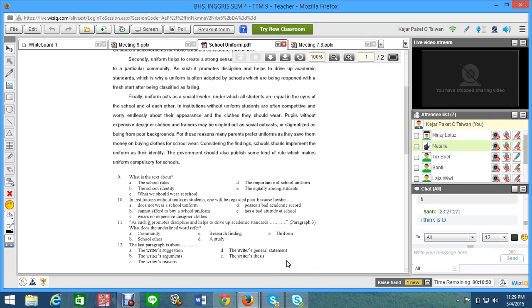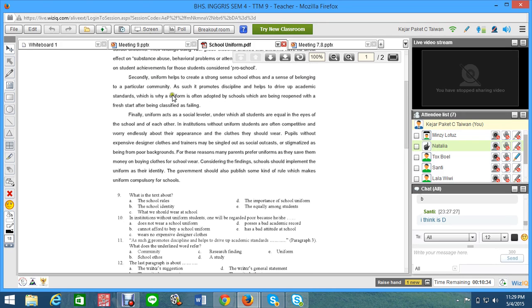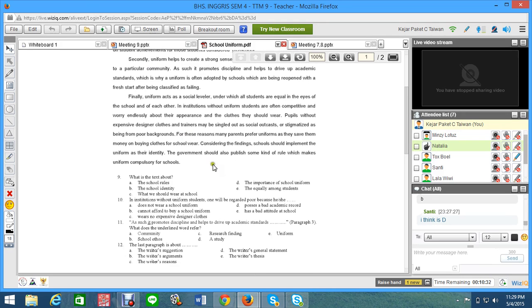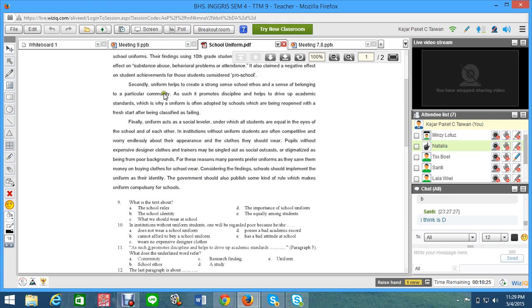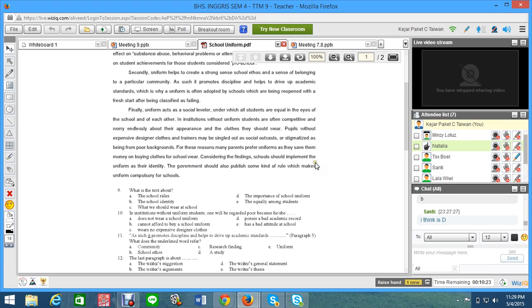If it is like restating the writer's opinion, it means that it's about the writer's general statement. Kalau arguments, bukan arguments, berarti ada di arguments. Kalau writer's thesis berarti ada di thesis di sini. Kalau reason juga ada di argumen. Apa reasonnya? Okay, bisa ya?